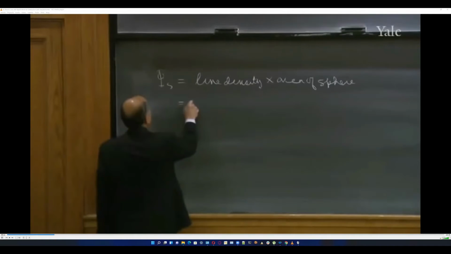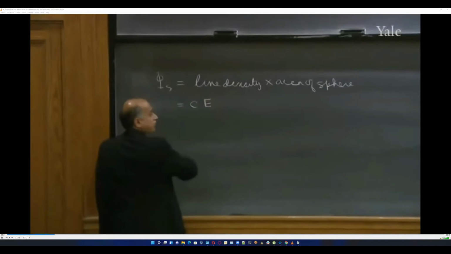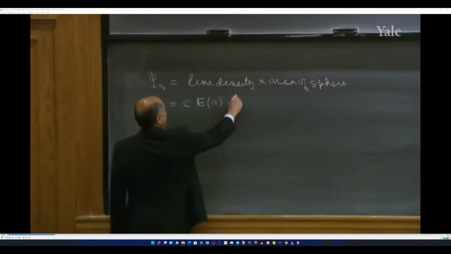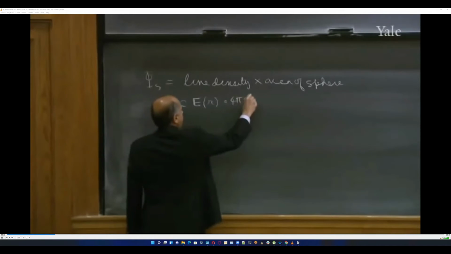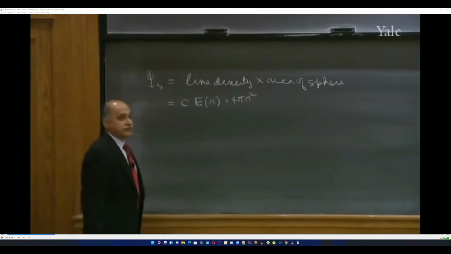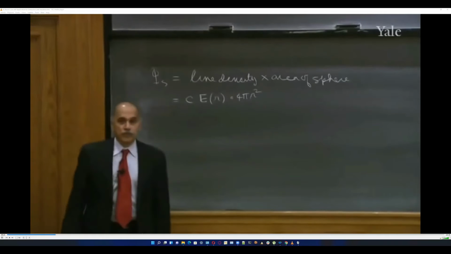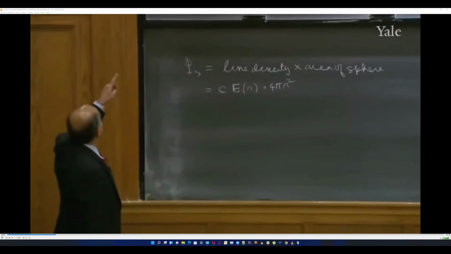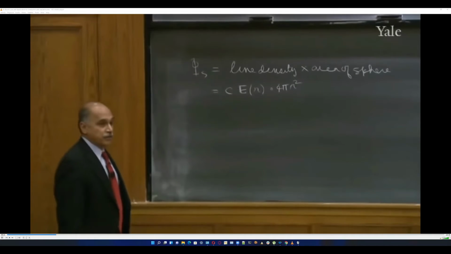But the line density is a constant times the electric field at radius r, if you like, times area of a sphere, which is 4 pi r squared. That's the lines crossing the inner surface, which is the sphere of radius r.